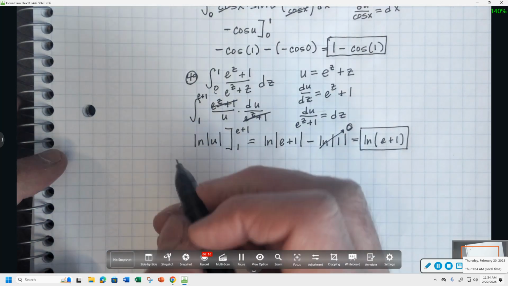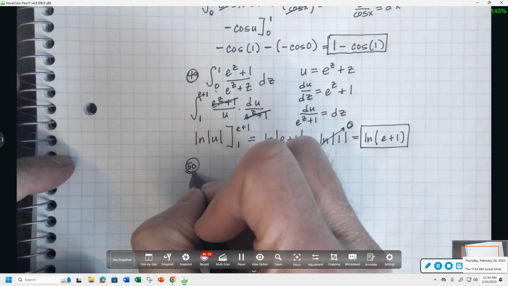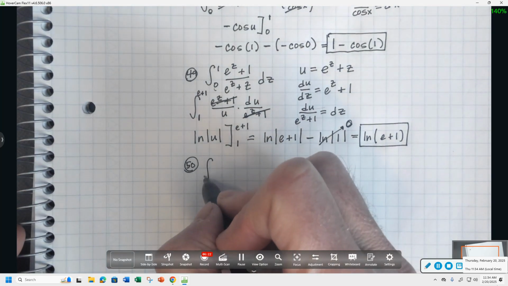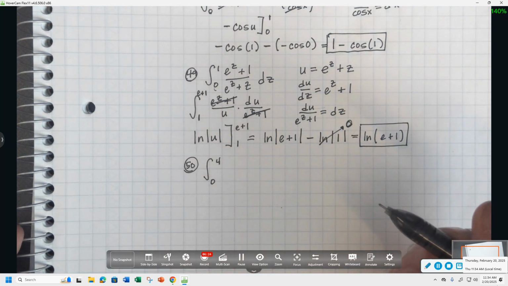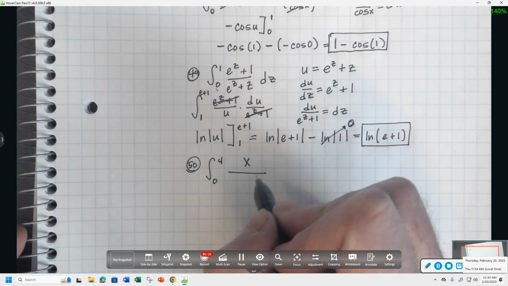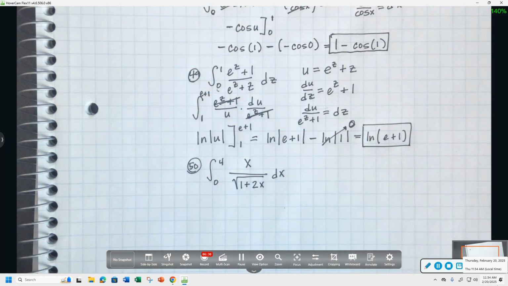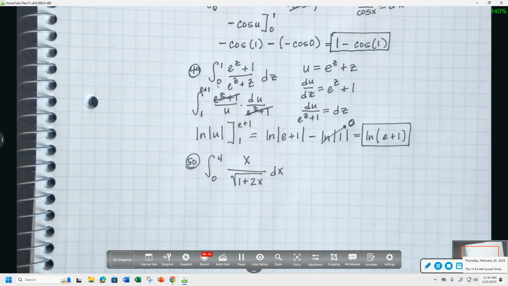50. 50, we have the integral from 0 to 4 of x over the square root of 1 plus 2x dx. What do we do here? How are we going to get rid of this x up here?